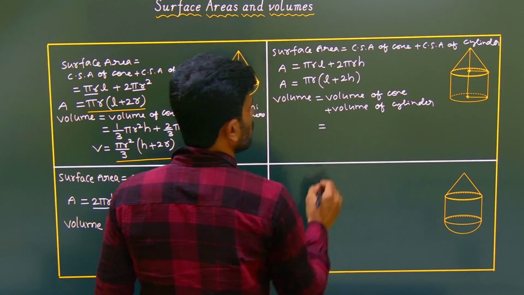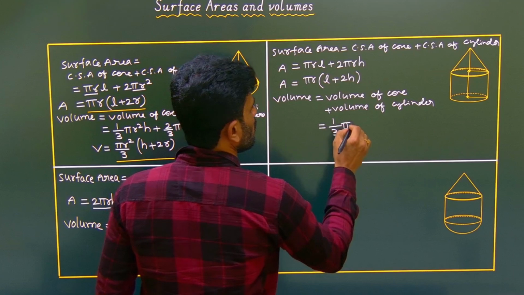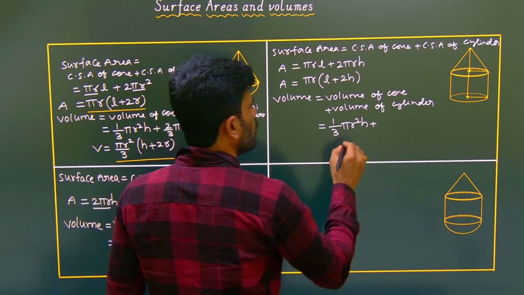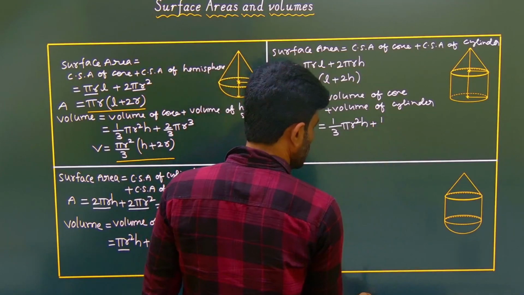Volume of cone is 1 by 3 pi r square h, plus volume of cylinder is just pi r square h.